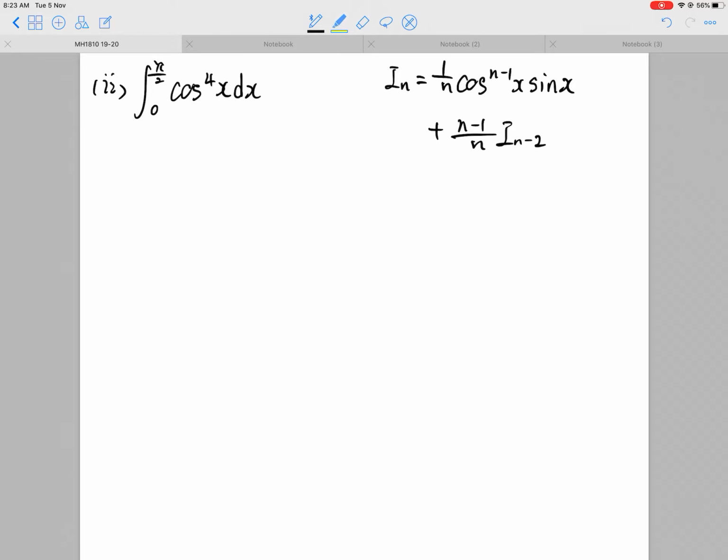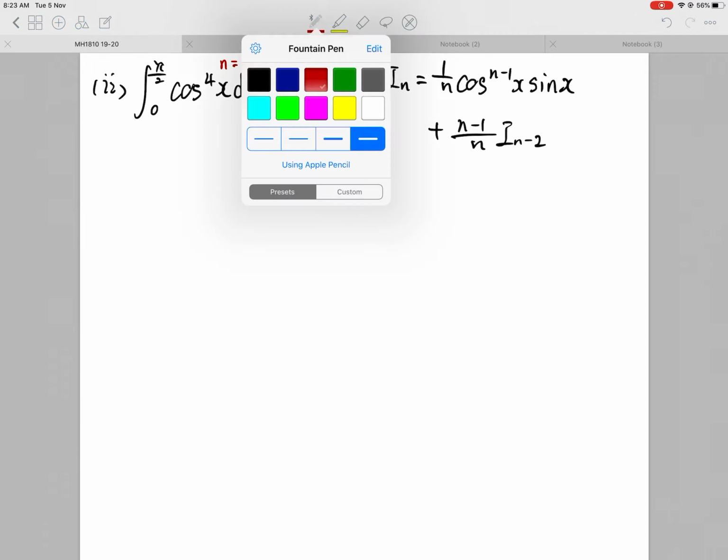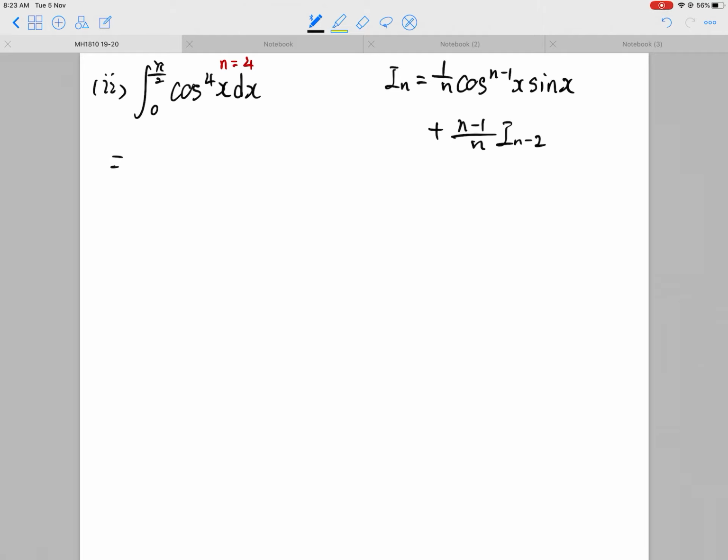Here, realize your n is 4, which means you could do 1 over 4 cosine x cubed sine x from 0 to half pi, plus 4 minus 1 over 4 times I_2, the integration of cosine x squared dx.